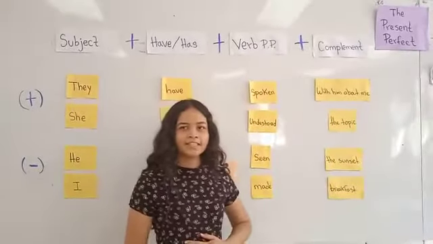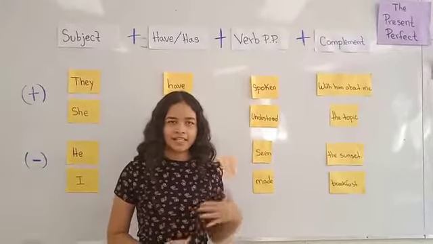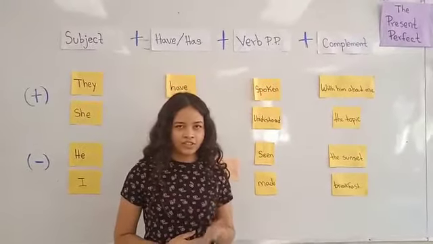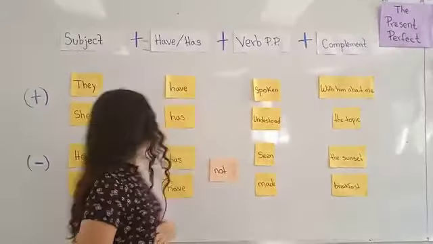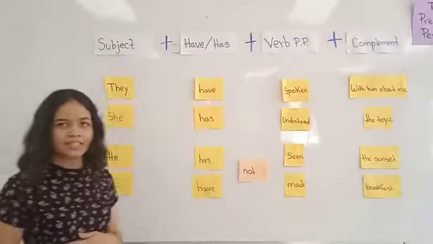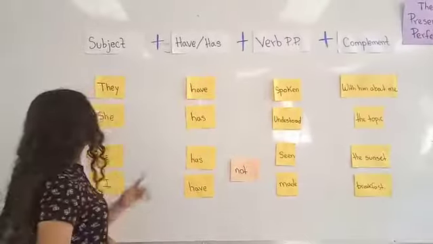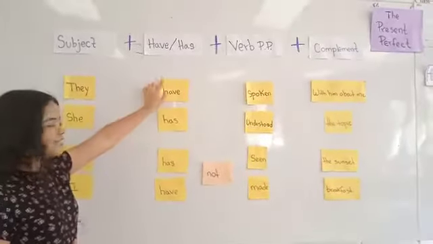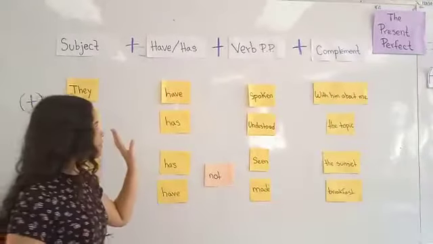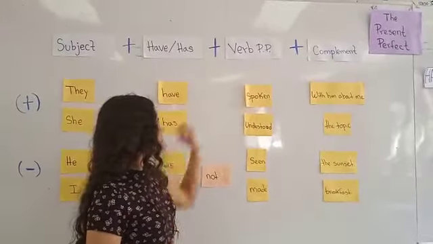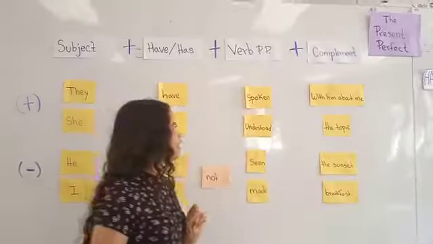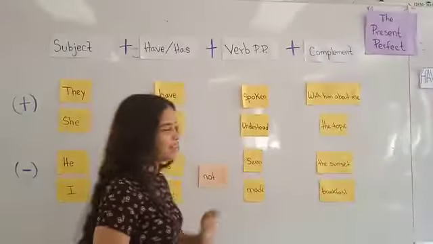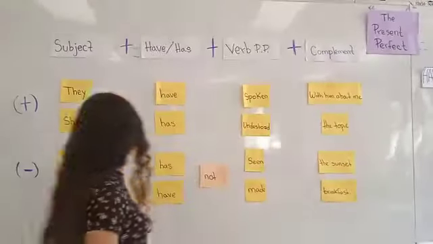The present perfect is something that starts in the past and continues in the present. For the affirmative statements, the structure is subject plus have or has. This is the auxiliary verb, then the verb in past participle, and the complement. The complement is optional.